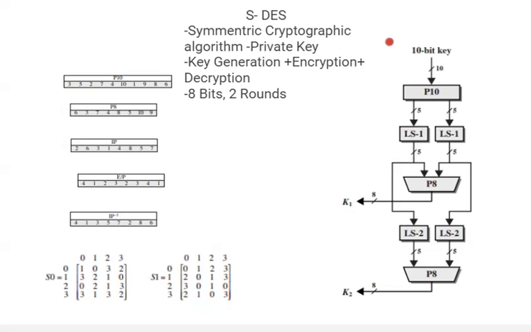Starting with the key generation process, this is the key generation algorithm. Let's understand how it works. Simplified DES accepts a 10-bit input key and then performs the permutation operation.